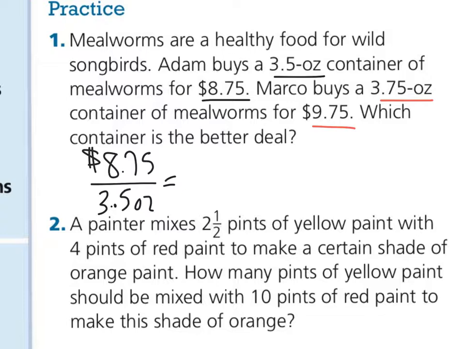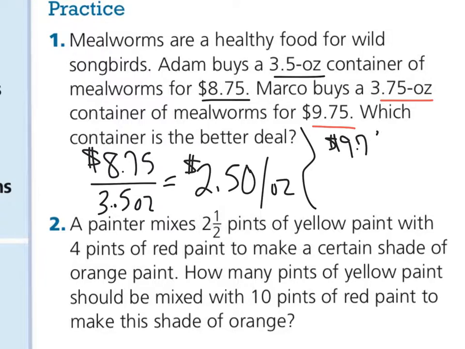When you divide that out, you get 2.5, and since we're talking about money, we can go ahead and put a 0 on the end of that, so that would be $2.50 per ounce. For our second option, $9.75 divided by 3.75 is 2.6. Again, if we put a 0 behind that, that means $2.60 per ounce.